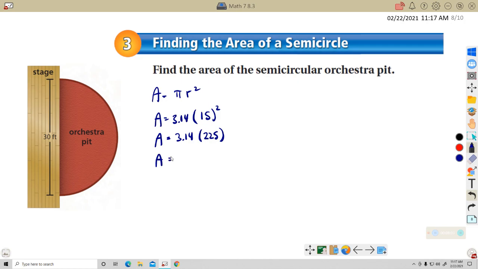I have to do that on the calculator because I can't do that kind of stuff in my head. 3.14 times 225 is 706.5. Now that's the area of the circle. For that semicircle, I take that and divide it by 2, and I get 353.25. And in this case, it's going to be square feet.